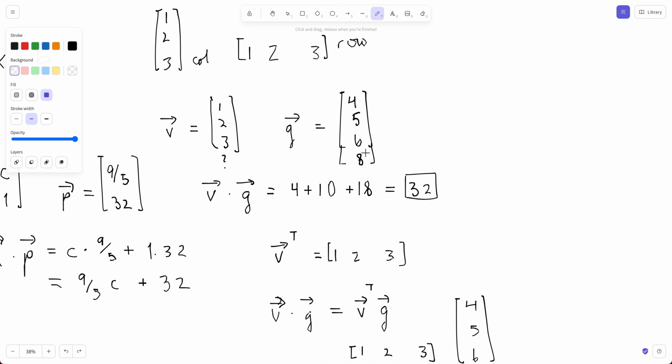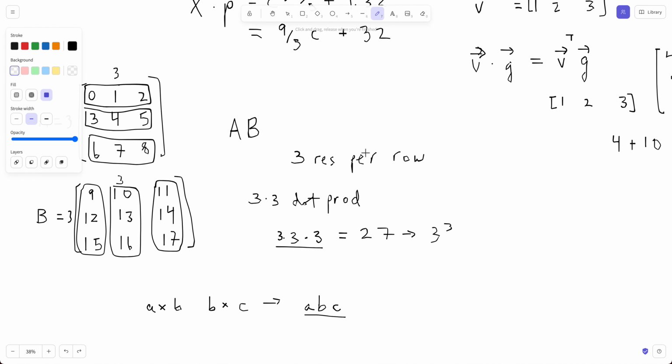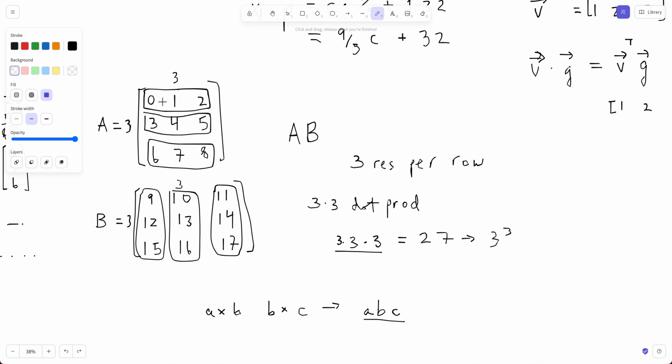So for dot products, the vector lengths need to be equal. And that means in the matrix multiplication case, the number of columns on the left needs to match the number of rows on the right, because we are doing dot products with row vectors on the left and column vectors on the right.